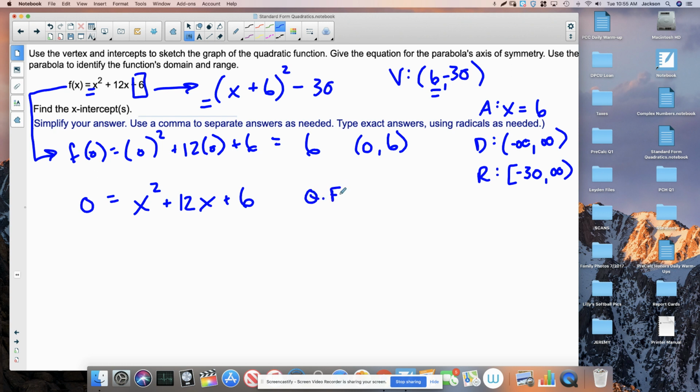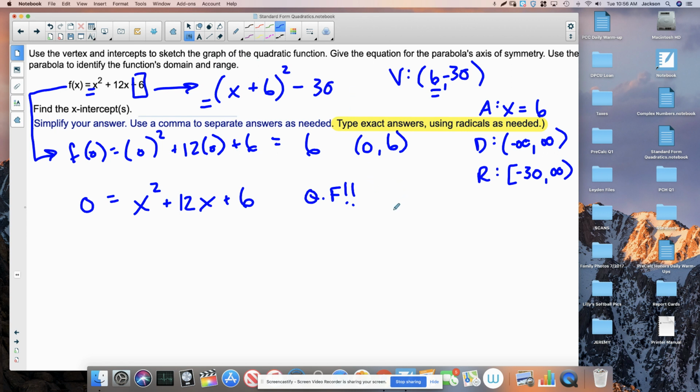The quadratic formula is used for finding solutions of x in a quadratic equation that is set equal to 0. The reason I'm bringing this up now is because in Math Excel, we want to pay attention to the blue font, because when they say use exact answers using radicals as needed, that means that we're not allowed to use decimals as a part of our solution.